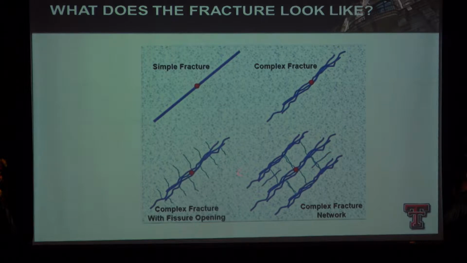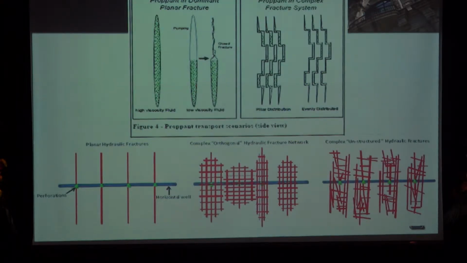But in the unconventional reservoirs, the rock is already fractured. Mother Nature has already fractured the rock for us to some extent, and the fluid finds these paths in these unconventional reservoirs that have fractures.